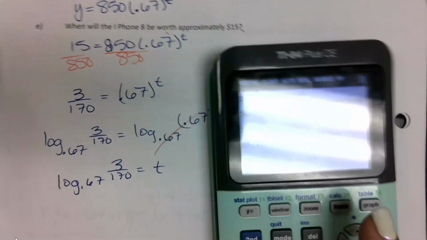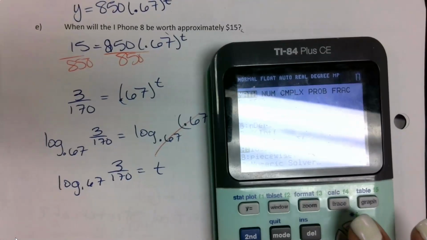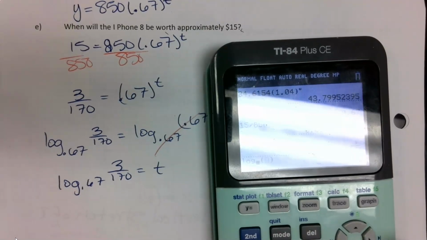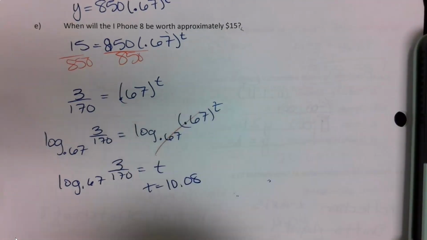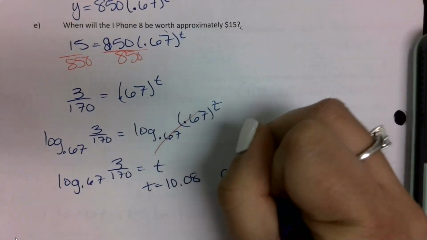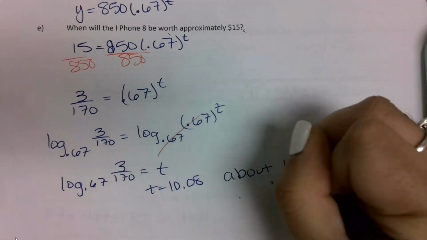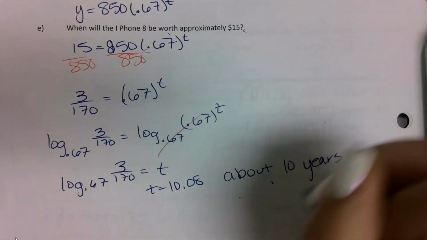And then I just type that into my calculator. So math, choice A, 0.67, 3 over 170, gives me 10.08. So about 10 years after purchase.